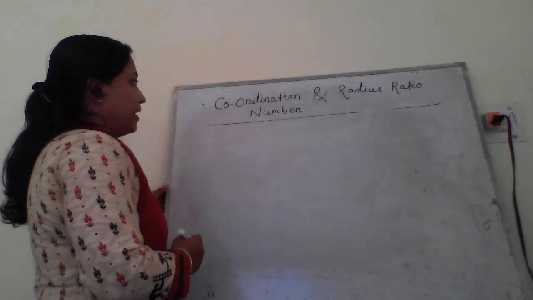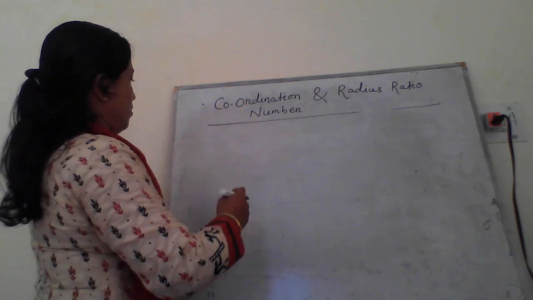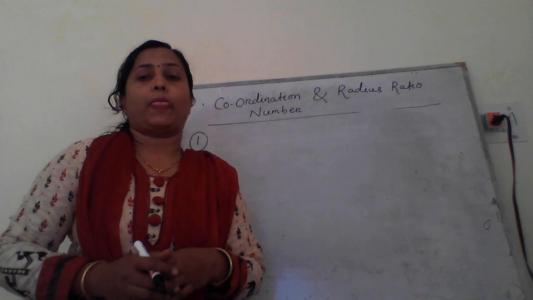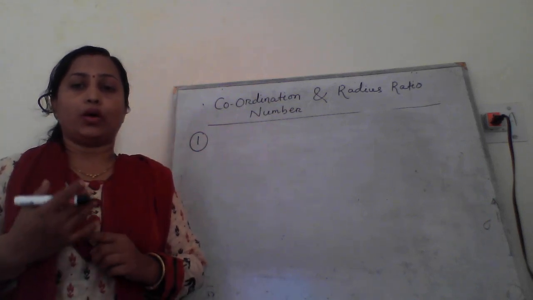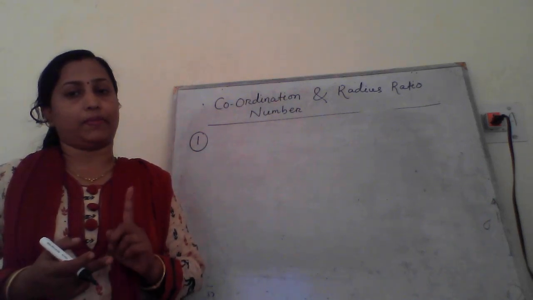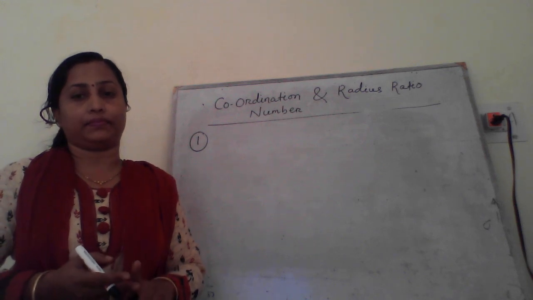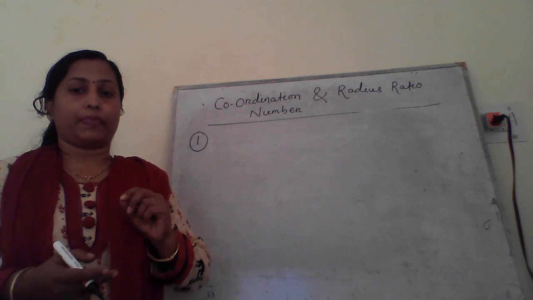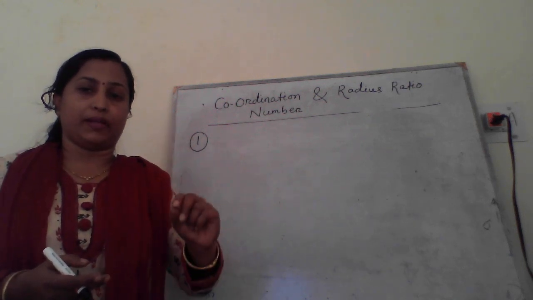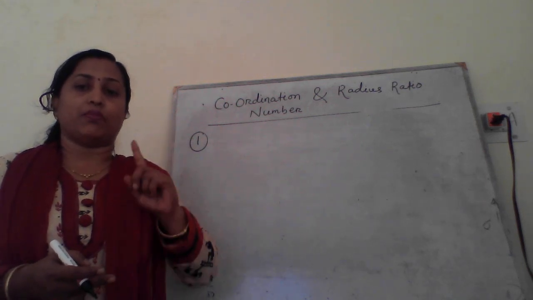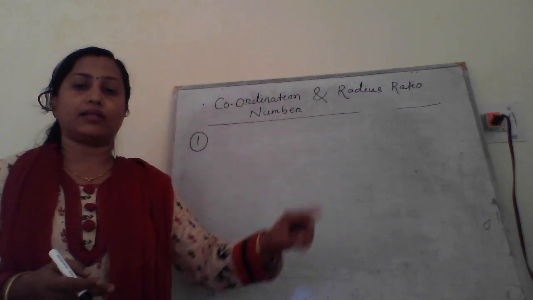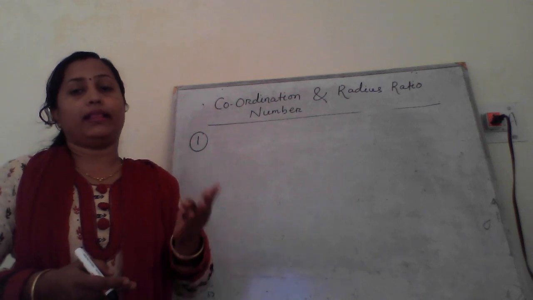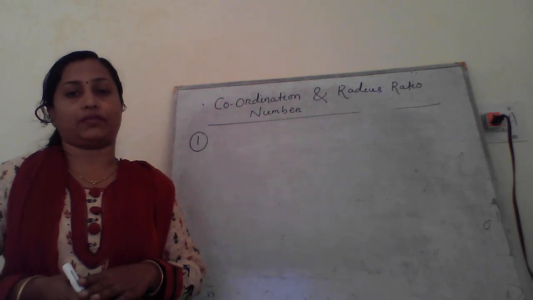So for better packing, that is for stability, the coordination number is high. For better stability, the cations must be surrounded by a large number of anions, and the anions must be surrounded by a large number of cations.